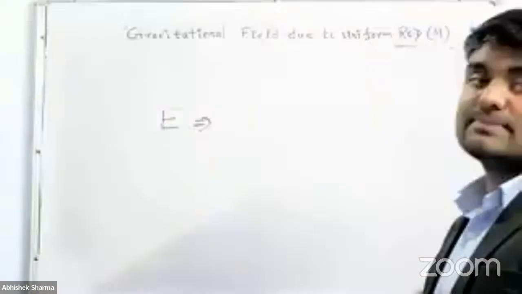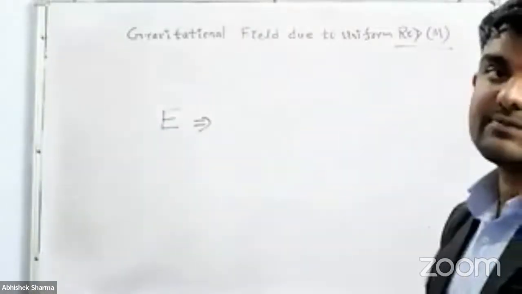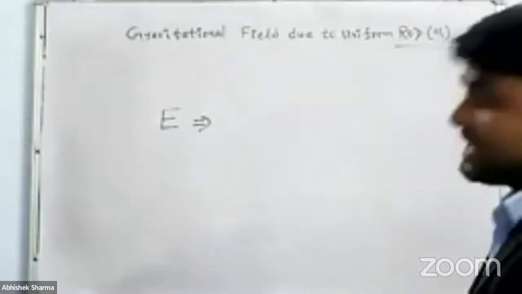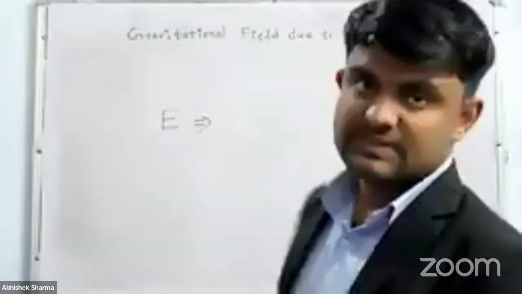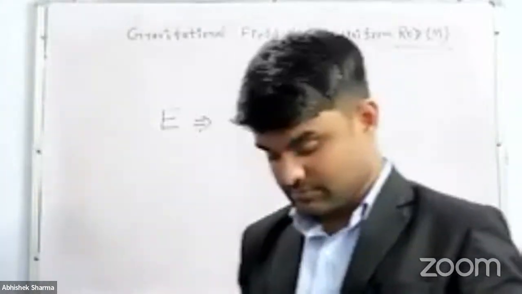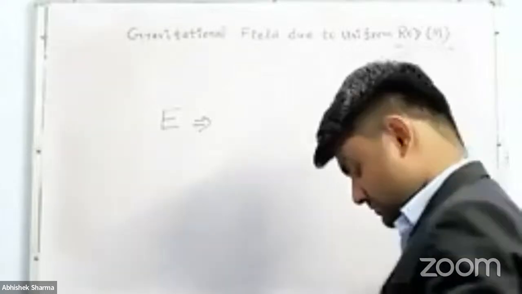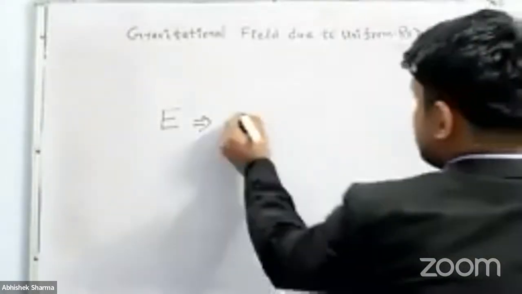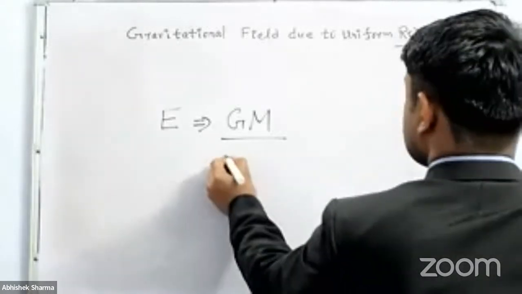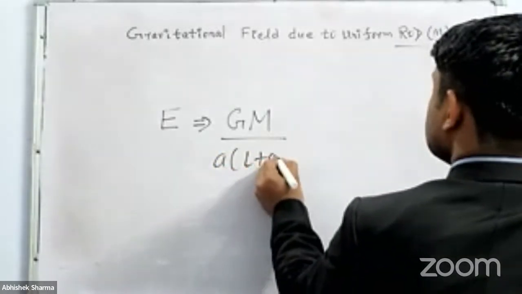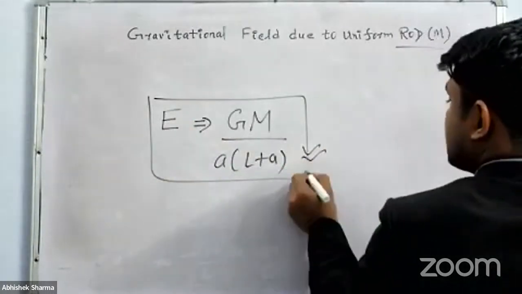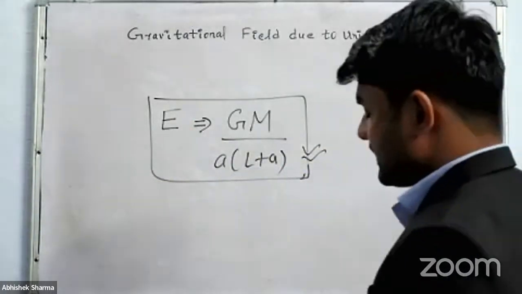What were the limits? x must go from 0, that is the first part of the rod, to the complete rod, that is towards L. Okay. So after solving this, anybody please comment the answer in the chat box. So your answer will be G M upon a times (a plus L). This is your final answer, okay?